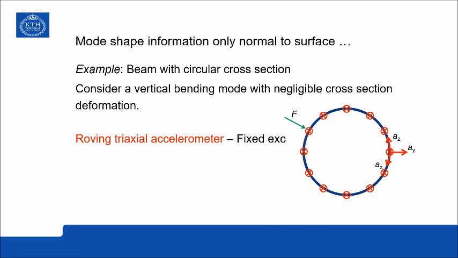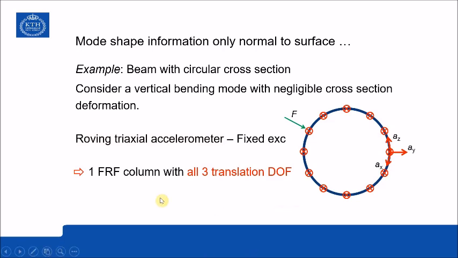Then, in the end of the measurements, we have one column with 36 frequency response functions in this case. And the important thing here is that all translation degrees of freedom are represented in this frequency response function column.